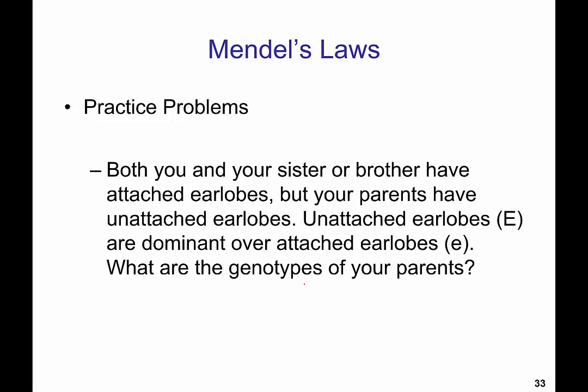So unattached earlobes, represented by this big E, are going to be dominant. So to have unattached earlobes, we could have homozygous dominant or heterozygous. But to have attached, which is recessive, we can only have little e, little e.